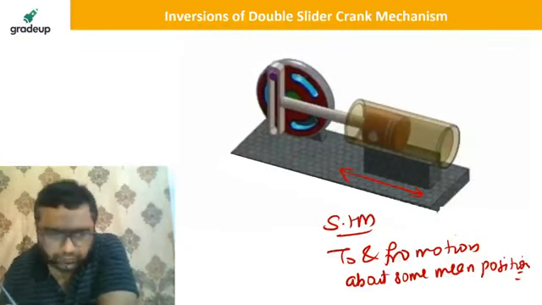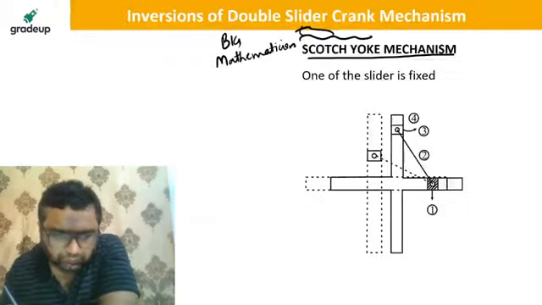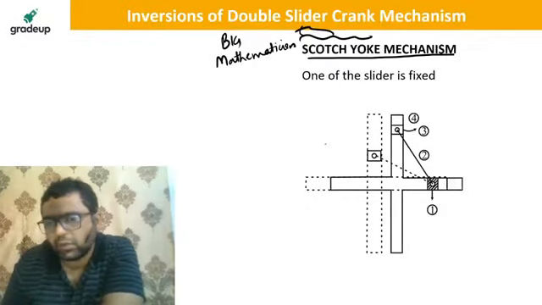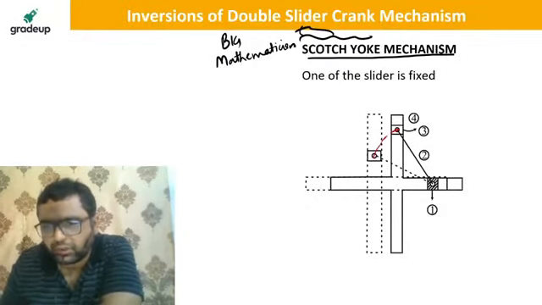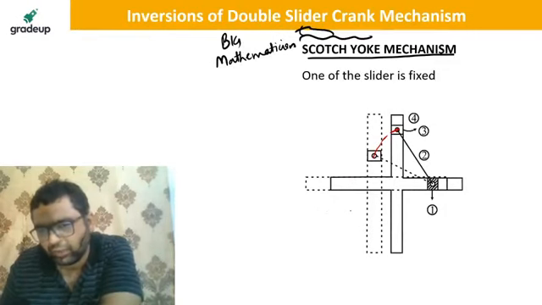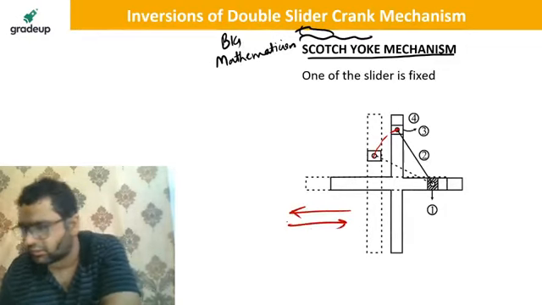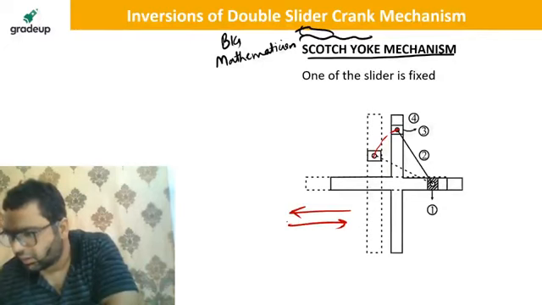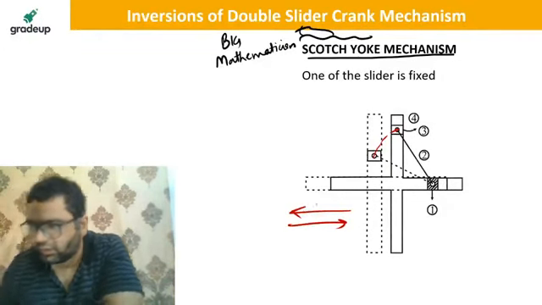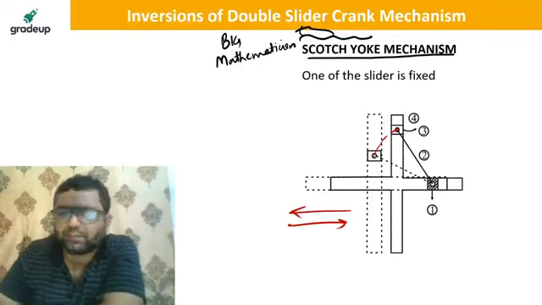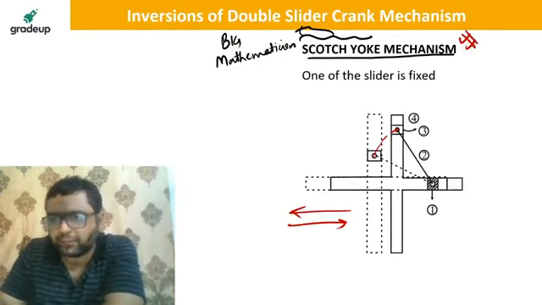So it is about some mean position. Simple harmonic motion. Are you clear about this? Nice. So this is something known as the Scotch-Yoke mechanism.